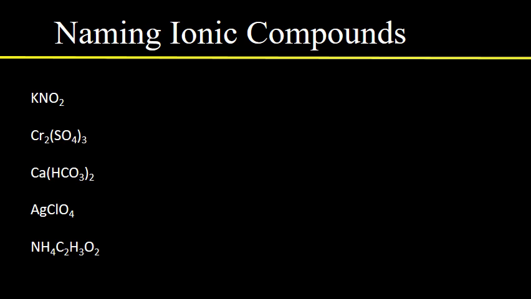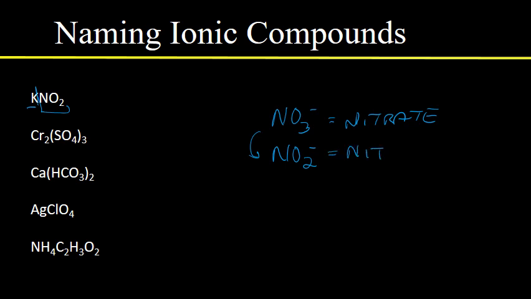Okay, so the first one, we got 2 parts. Our cation is a potassium. Our anion is NO2. And you should remember that NO3 is nitrate. And if NO3 is nitrate, remove one oxygen, that means we're going down one step in that oxyanion table.